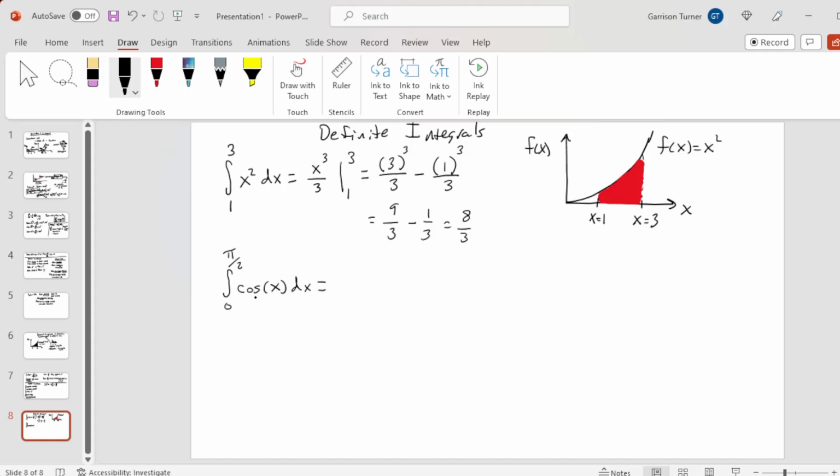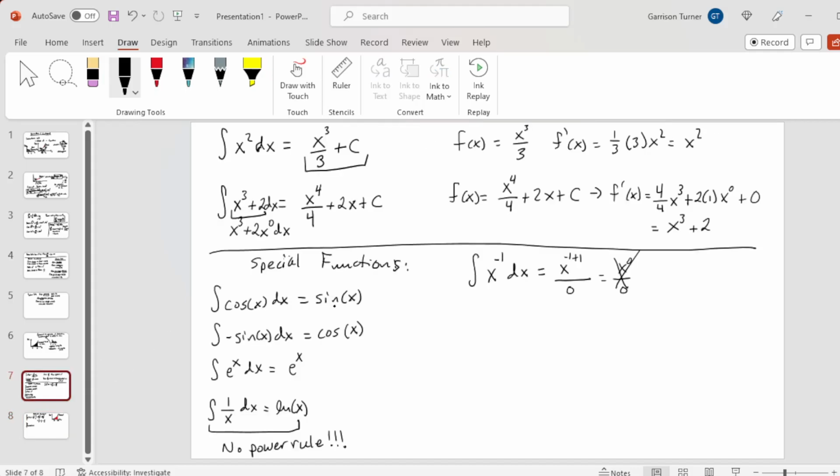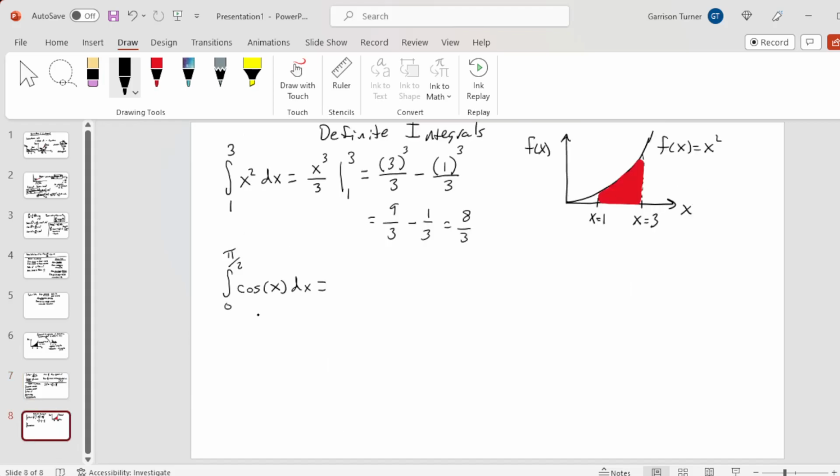So if I want to integrate cos x dx, come back to our list of results, and the integral of cos x dx is sine of x. I'm going to evaluate that from 0 to pi halves. So this is going to equal the sine of pi halves minus the sine of 0.